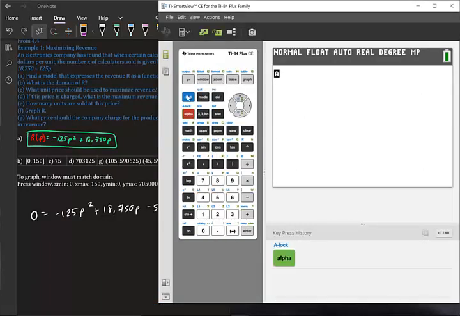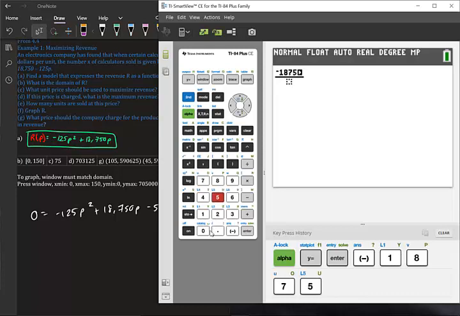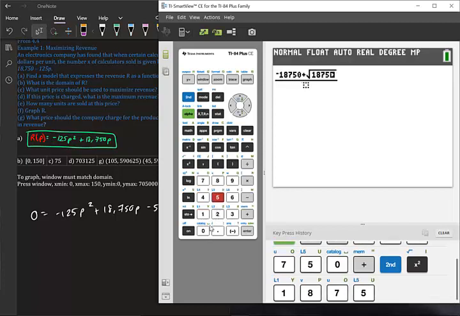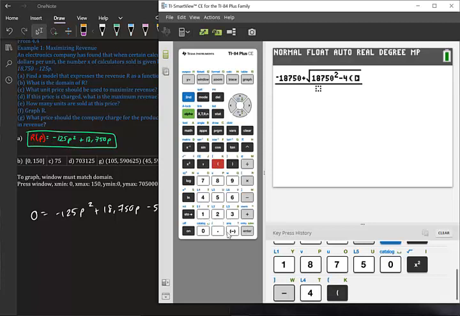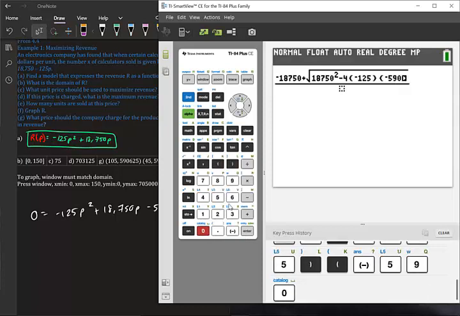So let's plug this into our quadratic formula of alpha y equals enter. So negative 18,750 plus the square root of 18,750 squared minus 4 times A times C, all over 2A.